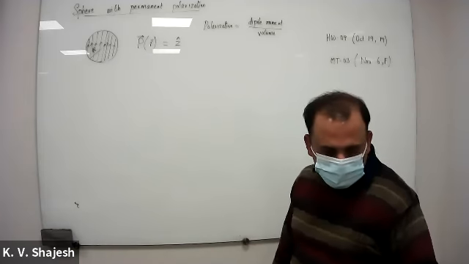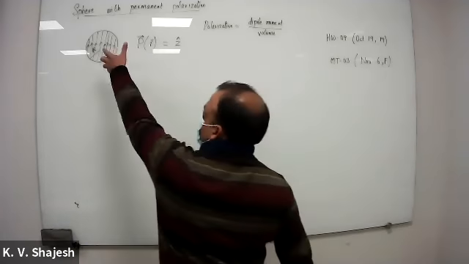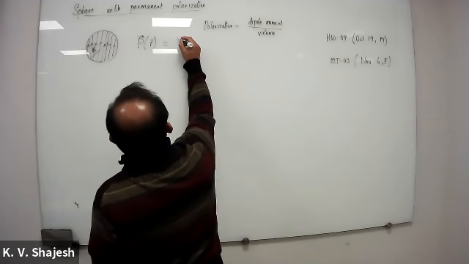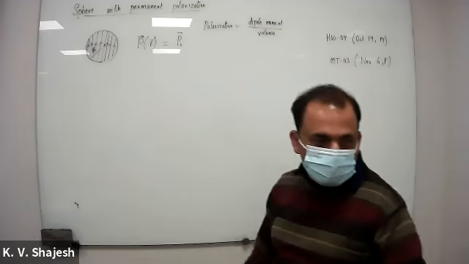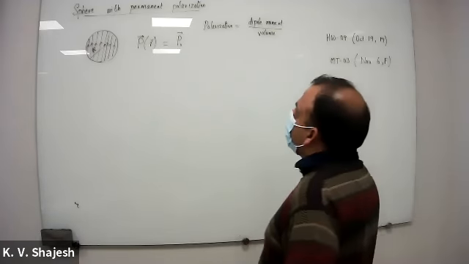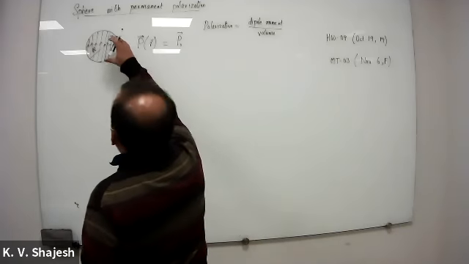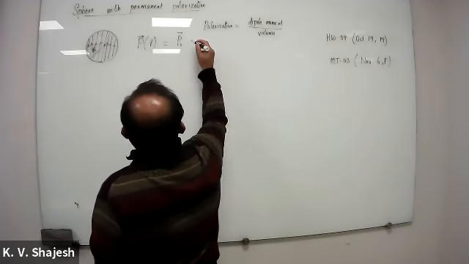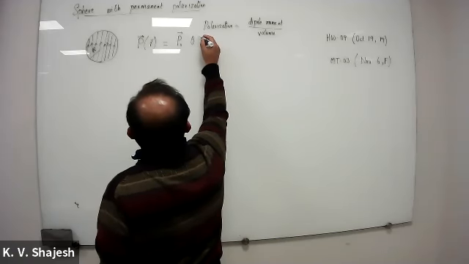Actually, let's not keep it Z hat, because why should we keep it in the Z? We can rotate this also. So let's say this is some direction, P naught, some constant vector P naught, and then we have to pick the fact that it is only inside the sphere.